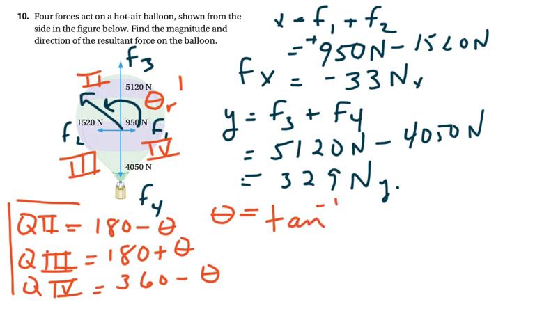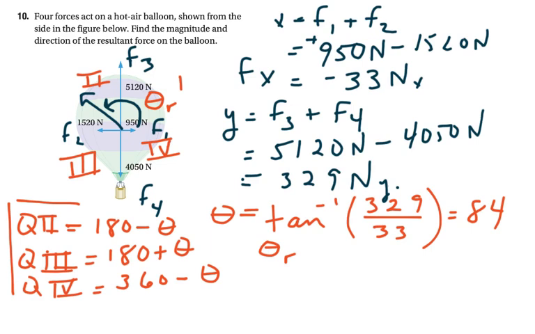So inverse tangent of 329 over 33 gives us a calculated angle of 84. So we go 180 minus 84. So our resultant angle is equal to 96 degrees.